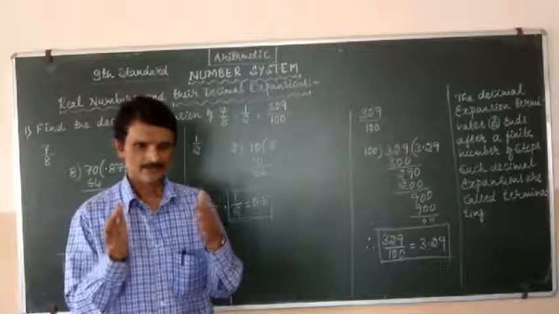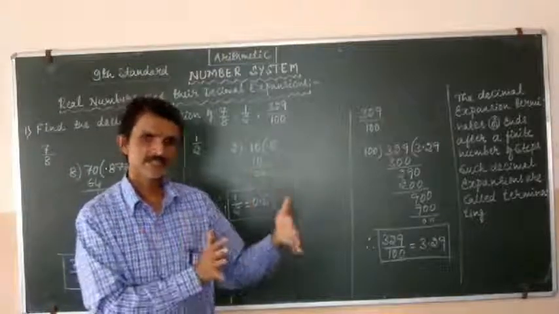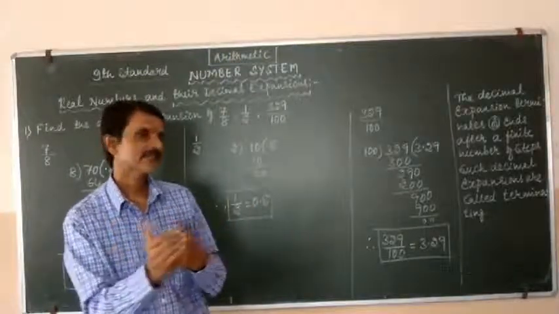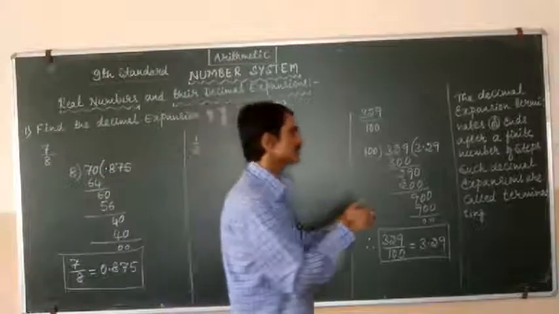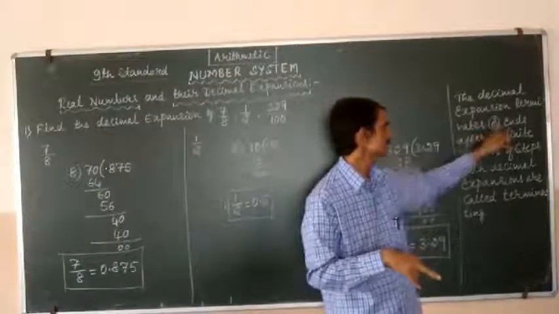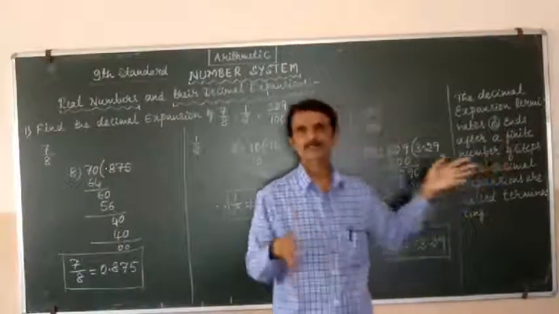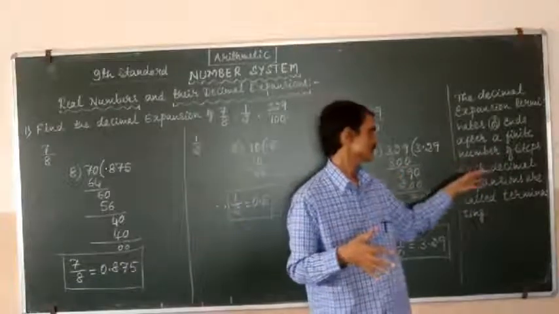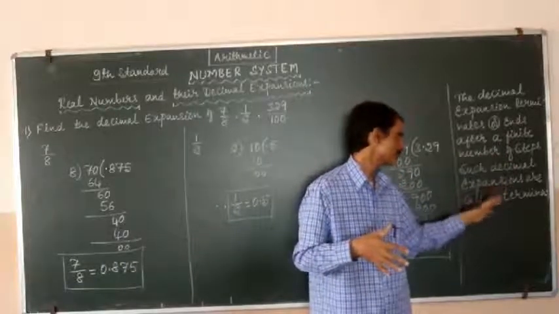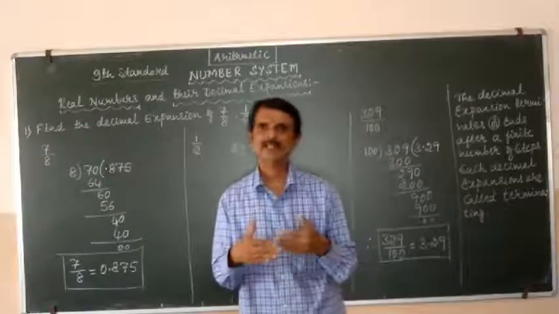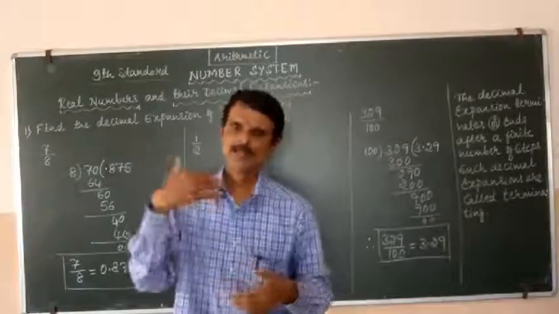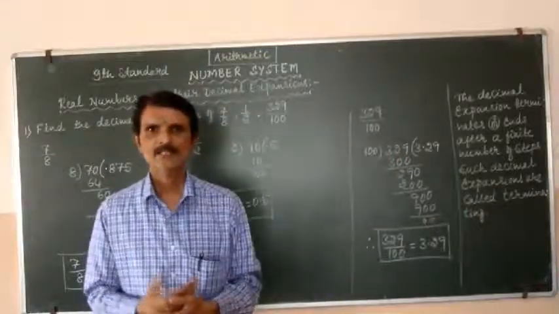So the division ends with the remainder 0. That means it will end after a finite number of steps. So such decimal expansions are called terminating decimal expansions.